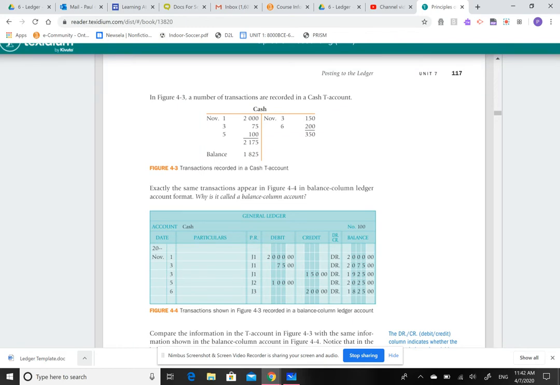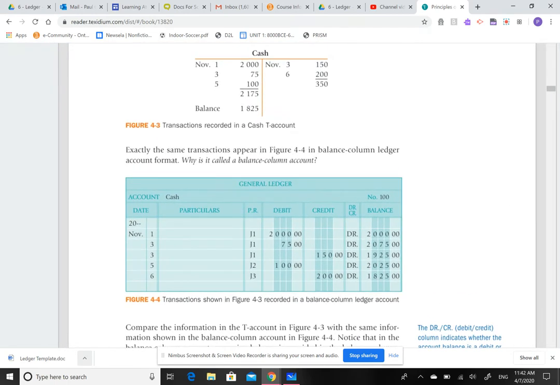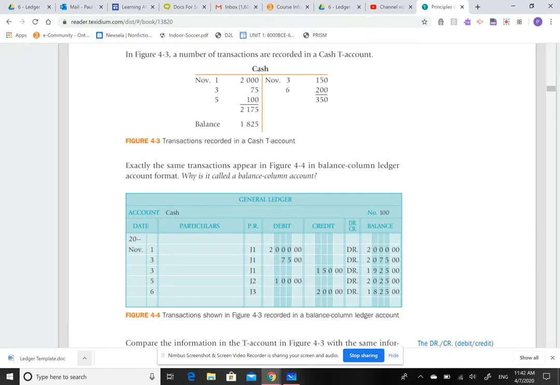What we're doing today is we're looking at how it translates to the ledger at the bottom. So you can see that on November 1st, there was a $2,000 debit, and that's reflected at the top of the T account.